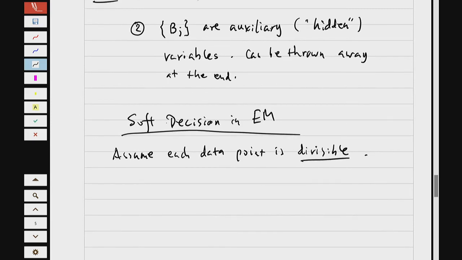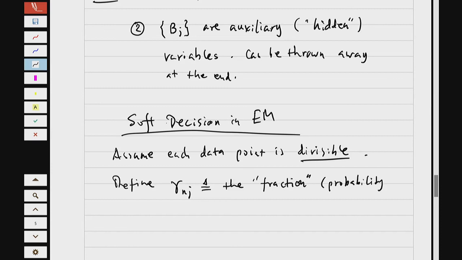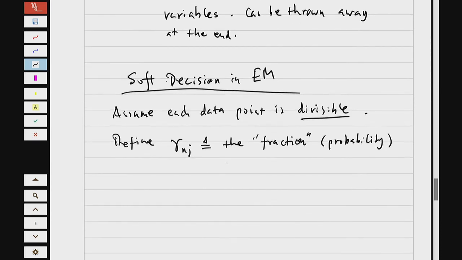So we're going to define this new variable, gamma nj, as the portion of the nth point that we put into the bump j. So the fraction, or more mathematically, you can think about it as the probability, another way to look at it, of xn, the fraction belonging to bj.